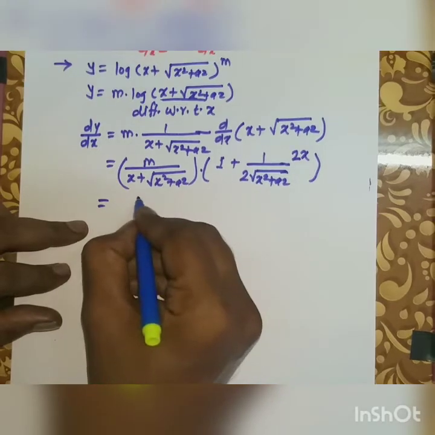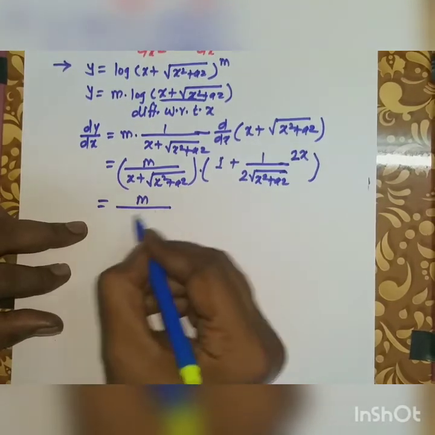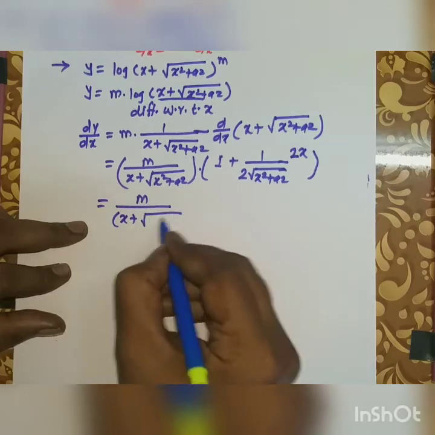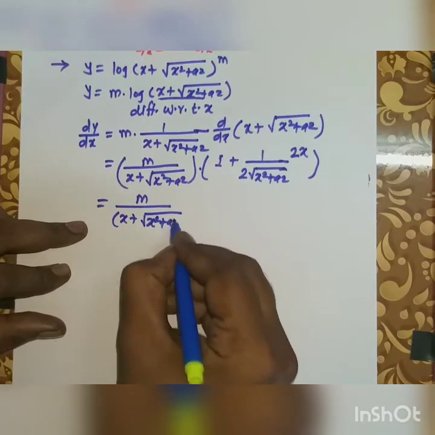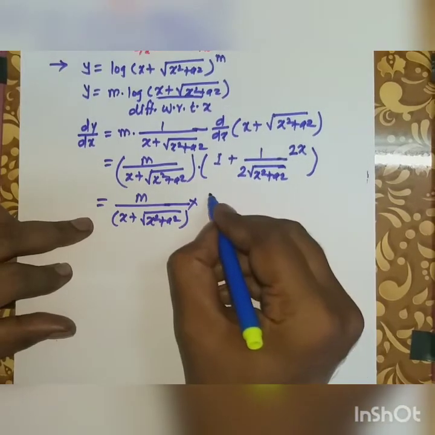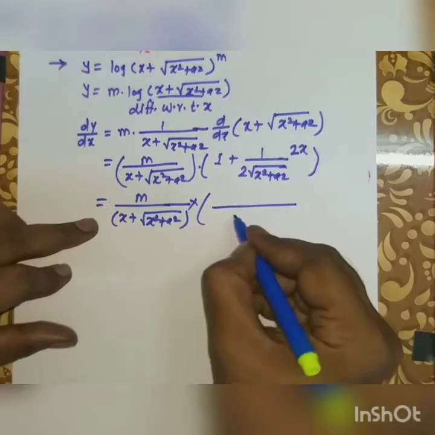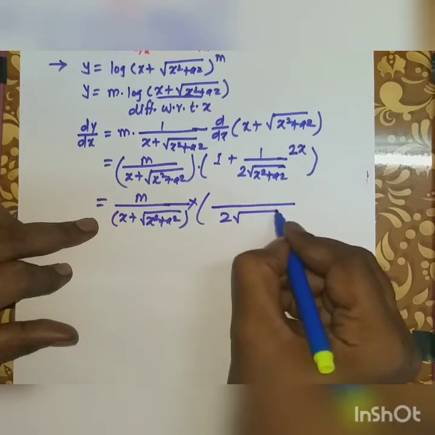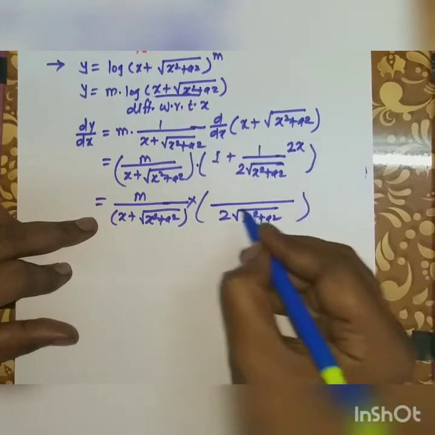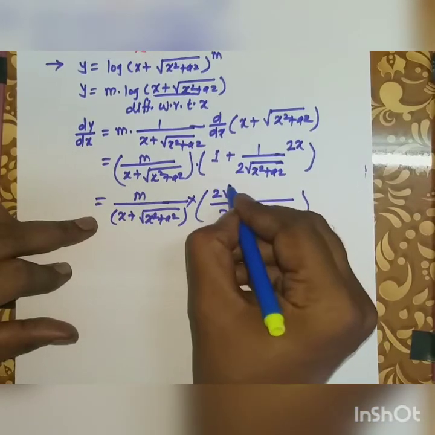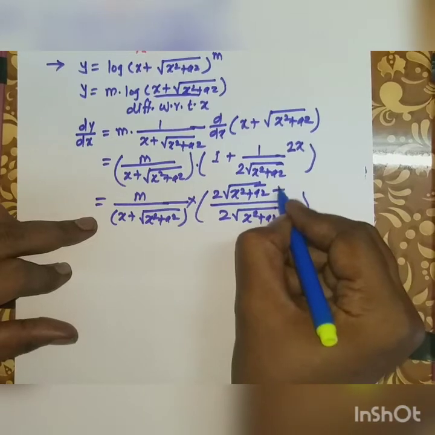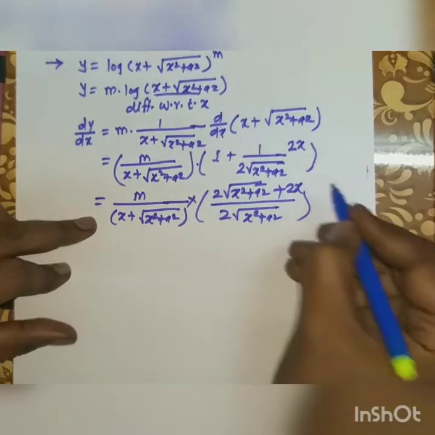This is equal to m divided by the bracket x plus under root x square plus a square, into, in the second bracket, take the LCM: 2 under root x square plus a square, here 2 under root x square plus a square plus 2x.